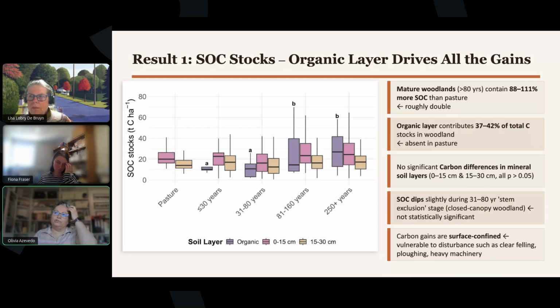The stocks then recover strongly in the older age classes. So the gains in terms of carbon accumulation are confined to the surface. Next, please.